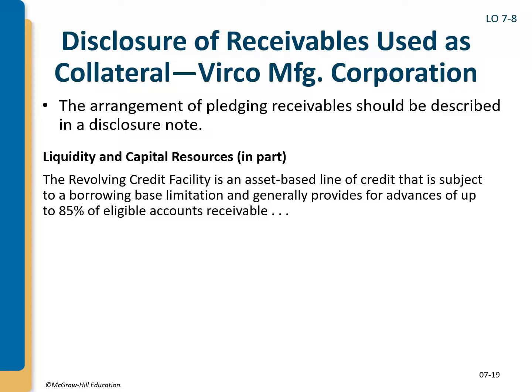Here's an example: a revolving credit facility is an asset-based line of credit that is subject to a borrowing base limitation and generally provides for advances of up to 85% of eligible accounts receivable. Okay, so that's a loan. Verco Manufacturing has a line of credit and they use 85% of their receivables to collateralize against it in case they default.